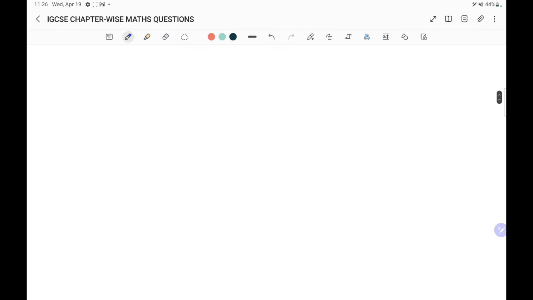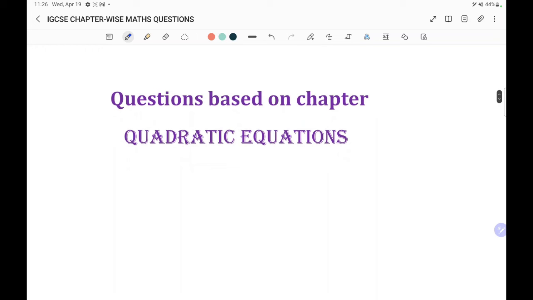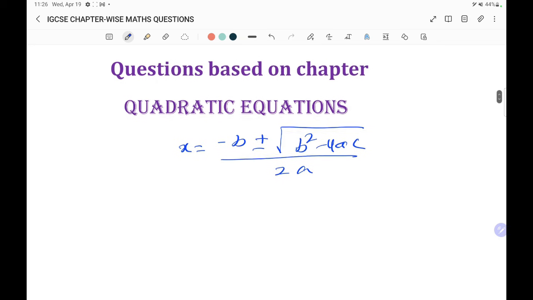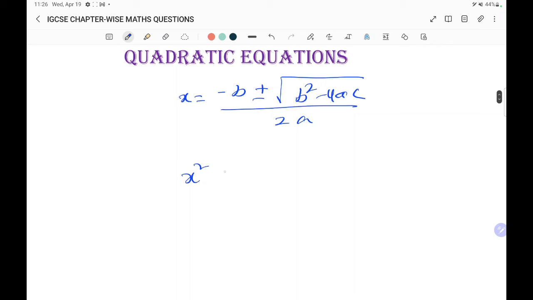So here if I explain this, then again quadratic equation can be solved by factorization or by the quadratic formula, minus b plus minus root b square minus 4ac over 2a, or completing a square, which is, suppose x square plus kx, suppose, then you have to write x plus, and whatever x coefficient is, like k, then you have to write k over 2.